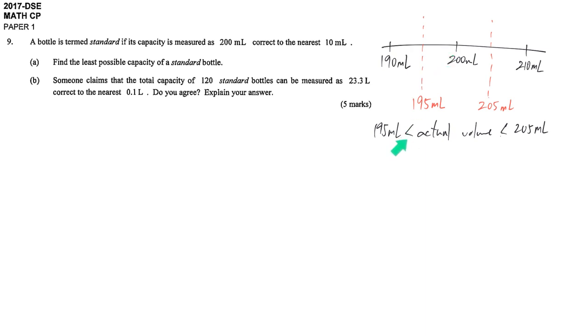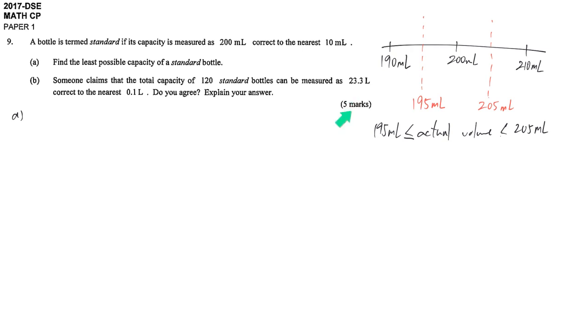So there should be an equal sign here. However, if it is exactly 205, then you consider it 210 ml. So that's why this cannot be equal. We have this sign if we ask you about the actual volume. But if this time we ask for the least possible value, you just need to answer 195 ml.